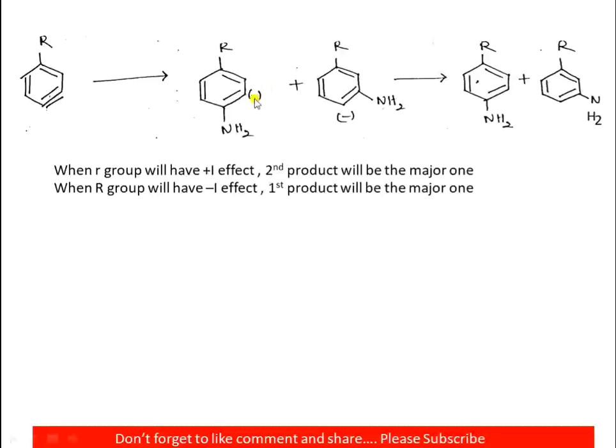But if the R group has minus I effect, the first carbanion will be more stable because the delocalization of negative charge occurs most for the carbanion at the C3 carbon atom compared to the carbanion at the C4 carbon atom. That is why the product formed from the first carbanion will be the major product. So now let us solve some questions relating to it to get a clearer concept.